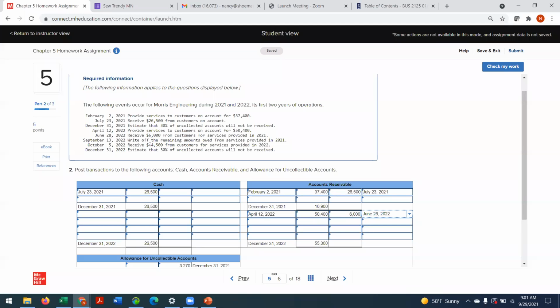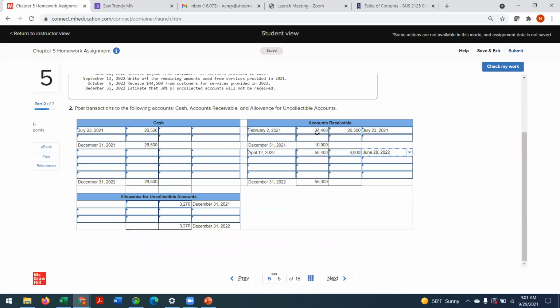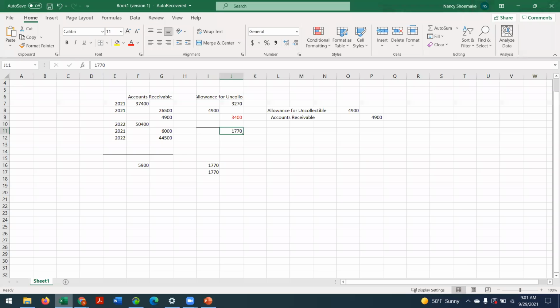Then it says write off the remaining amounts owed from services provided in 2021. So what we'll need to do is take the 37,400 minus our 26,500 minus our 6,000, and we're going to need to write off that amount, which was 4,900.